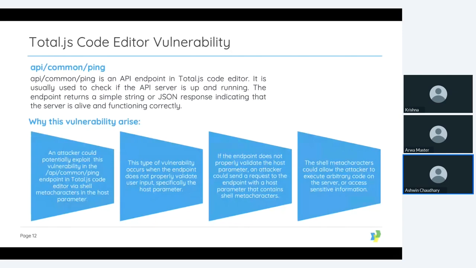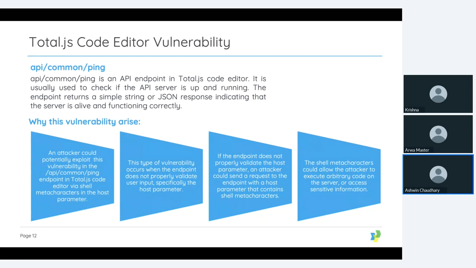demonstration. So with this vulnerability, an attacker could potentially exploit the API common ping endpoint in the Total.js code editor via shell meta characters in the host parameter. So what we are going to do today in our live session, we are going to send some meta characters, right, to the API endpoint, and exploit this vulnerability. That's what we are going to do today.